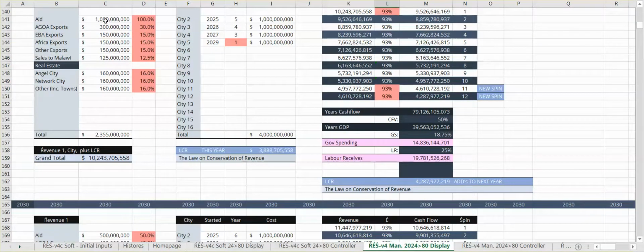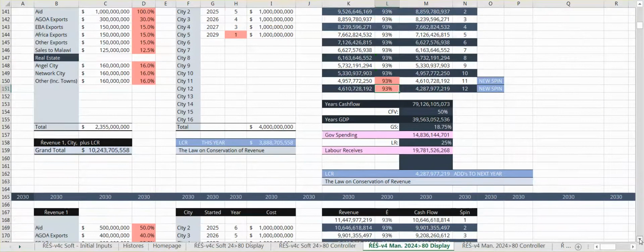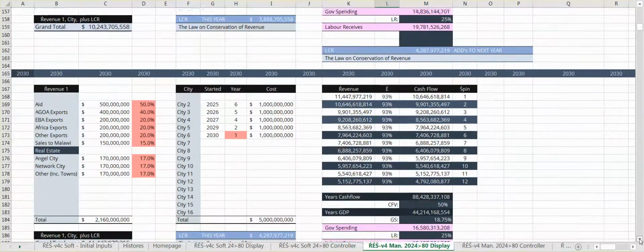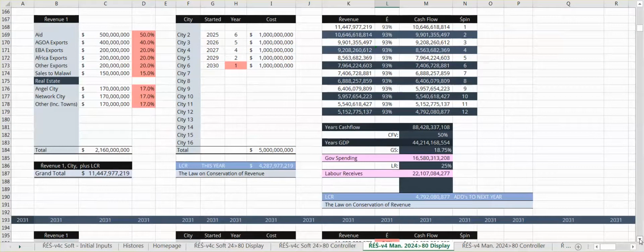Goes back down to 1 as others increase. And then more spins are added as E is increased. And you can see by 2030 there's no need for aid at all. Working on the principle there are other networks and it would now be going to them. Other newer networks, I should say.